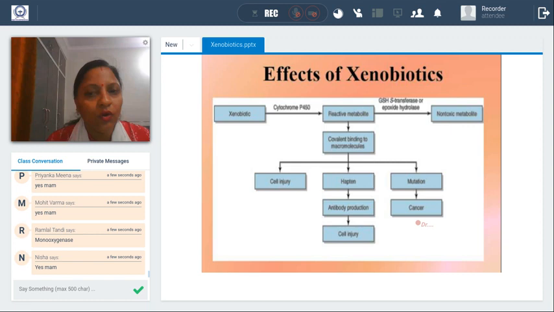So ultimately these reactions lead to cell injury, cell toxicity, and via mutation lead to cancer. So these are the ultimate effects of xenobiotics.